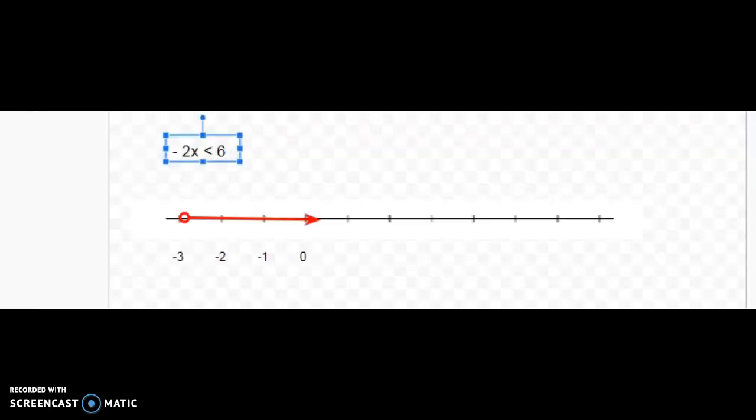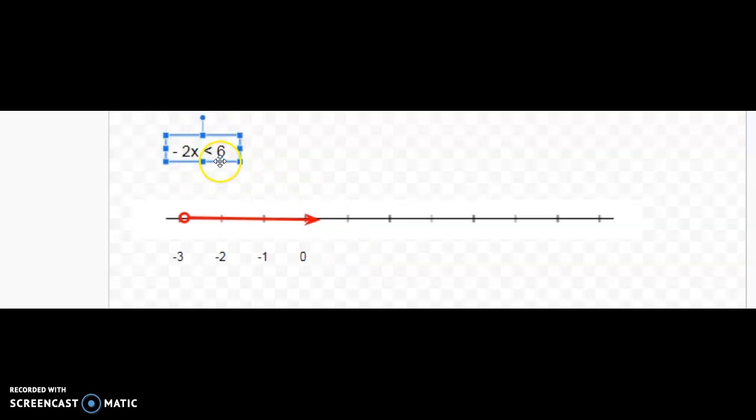So when we graph -2 times some quantity is less than 6, our graph is going to look like this. We're going to have an open circle above the -3, and then the line is going to go to the right, and all of these values will fit into our inequality.